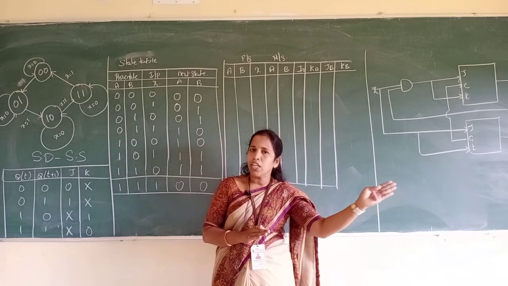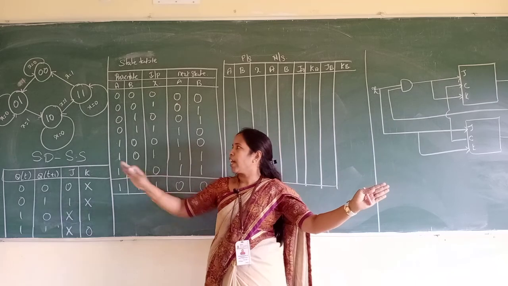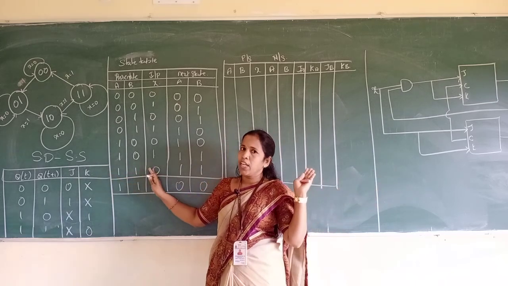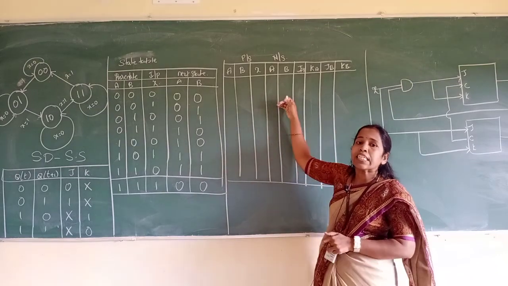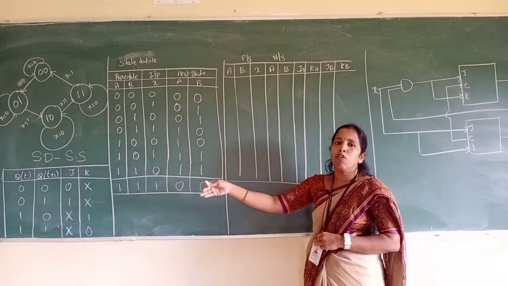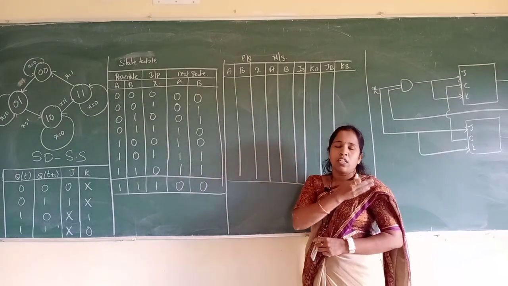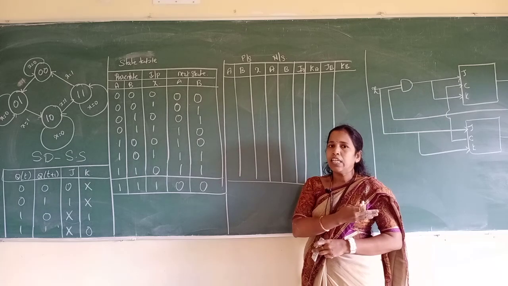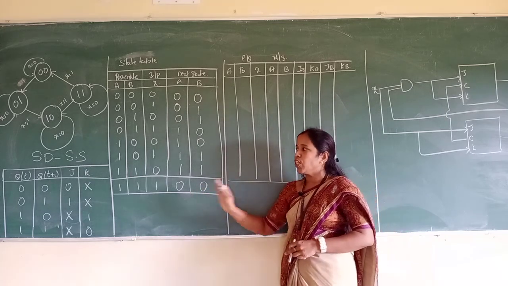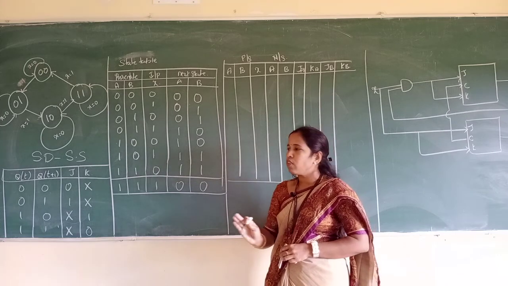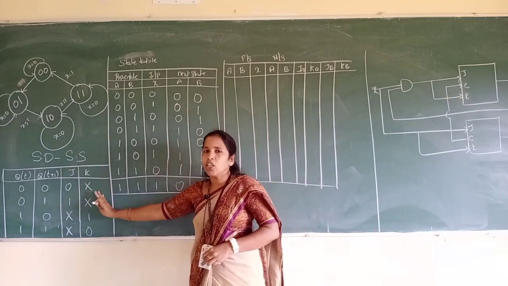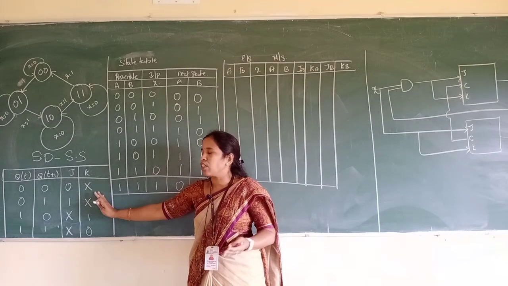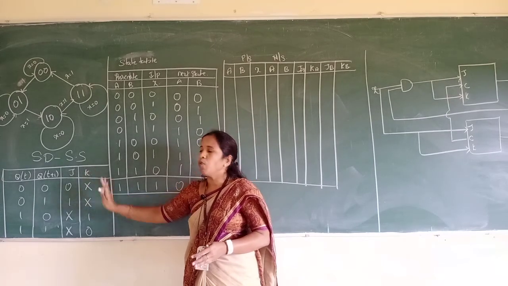In the reverse process, from state diagram to state table, one more table is used: the excitation table of the JK flip-flop. To generate the sequential circuit you can take any flip-flop excitation table, but most of the time the JK flip-flop excitation table is taken. We have already discussed the excitation table in the last sessions.